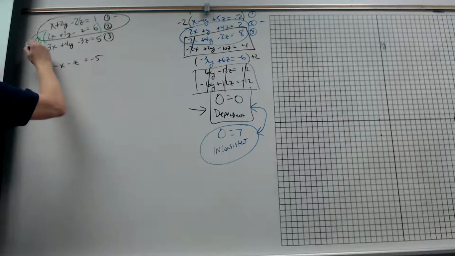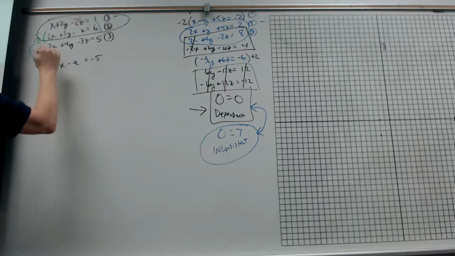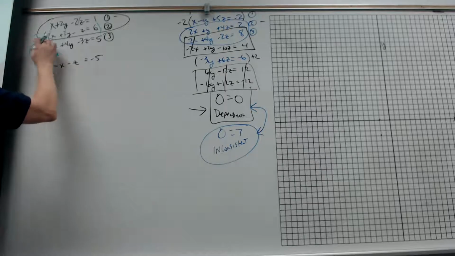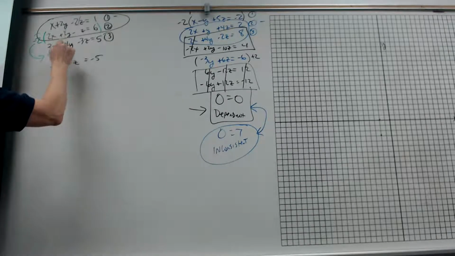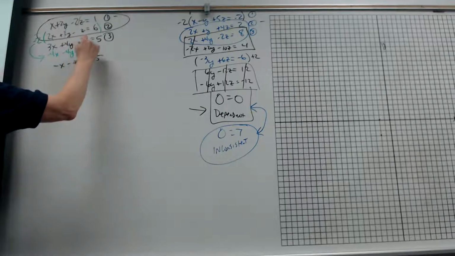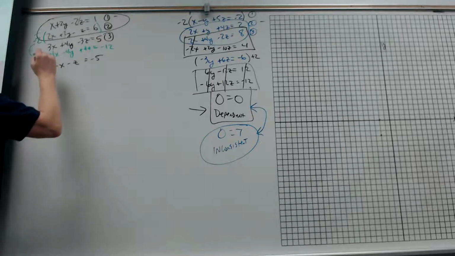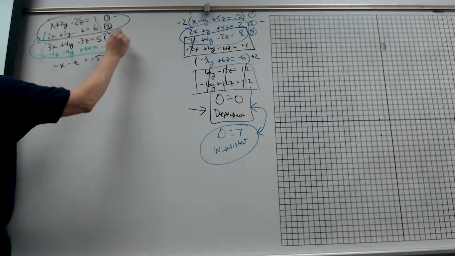Rather than do that, I'm going to rewrite this down here. So this becomes negative 4x minus 4y plus 2z equals negative 12. Okay? So now we're going to add these two equations together.